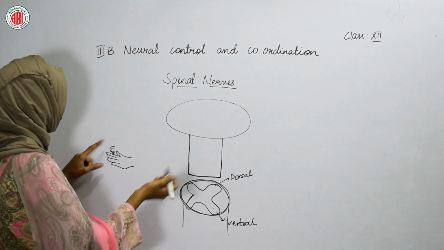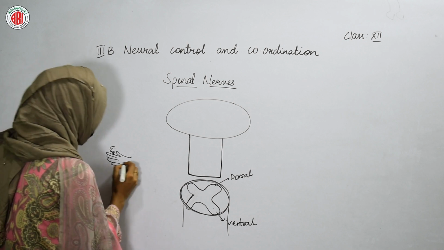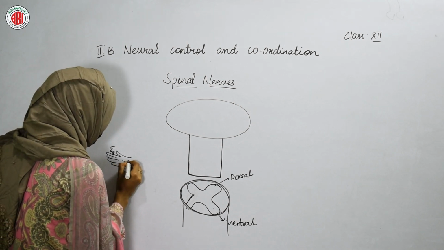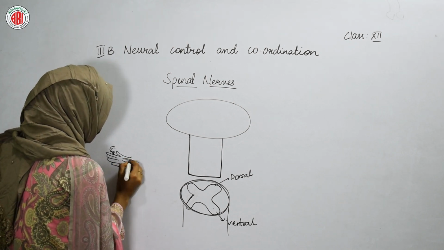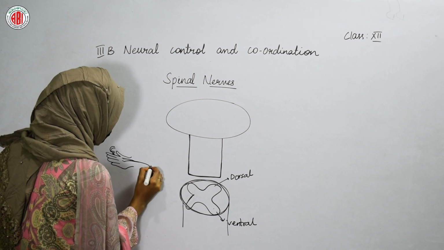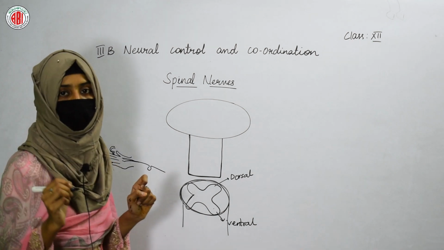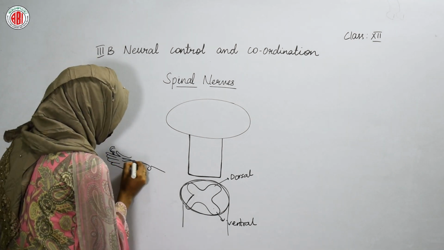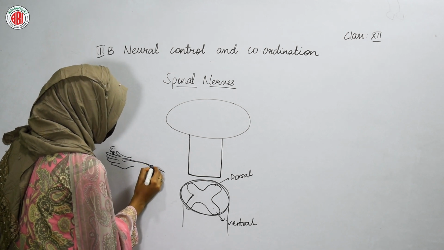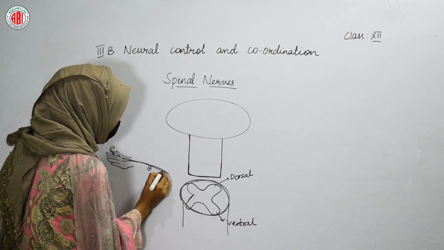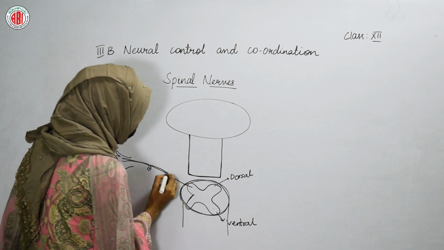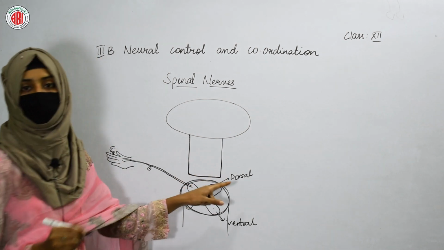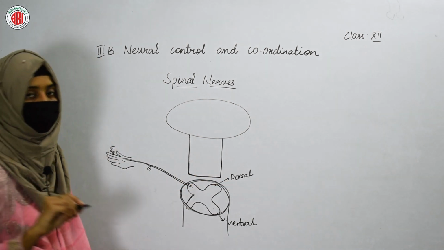Let us see that. When an insect sits on your hand, the sensory neurons are present here. Sensory neurons are always pseudo-unipolar neurons. These pseudo-unipolar neurons carry the information to the dorsal side, to the dorsal horn of our spinal cord.